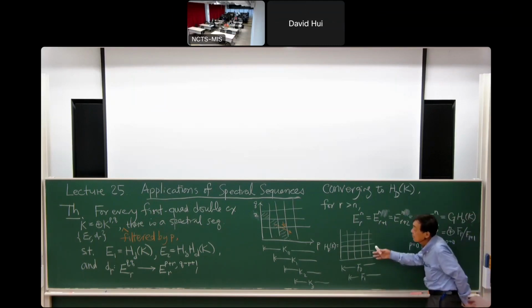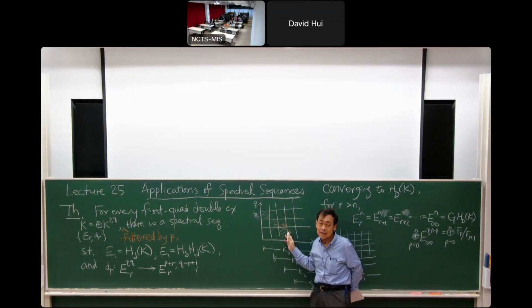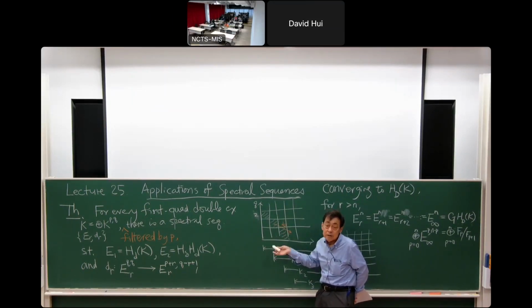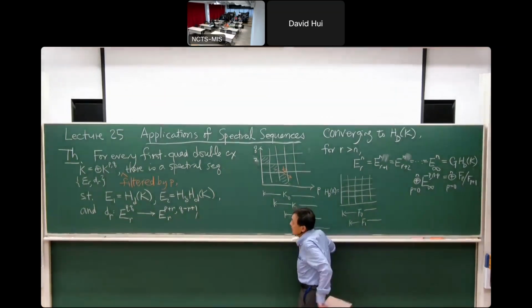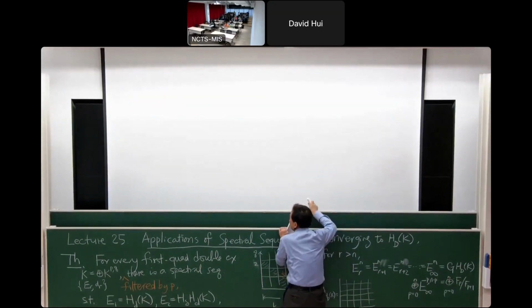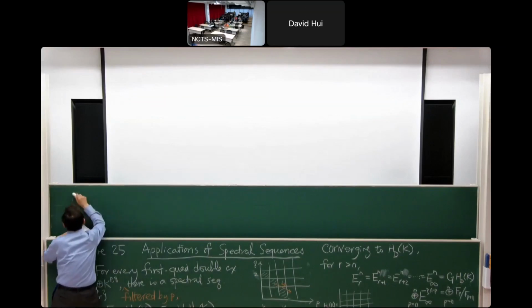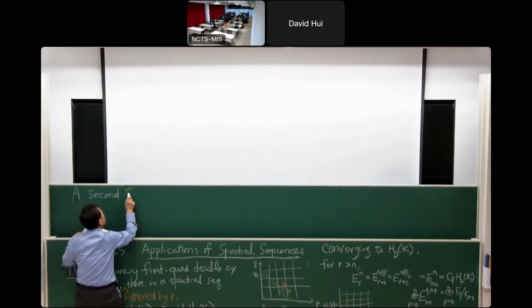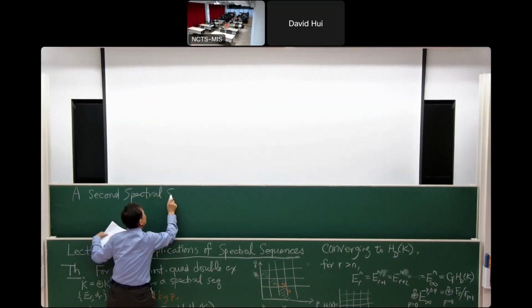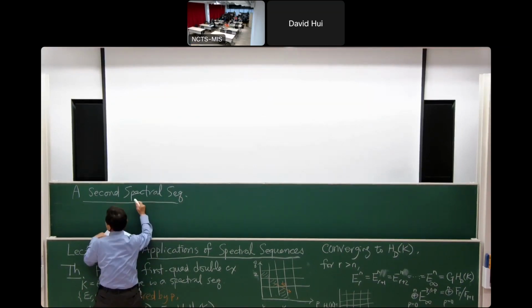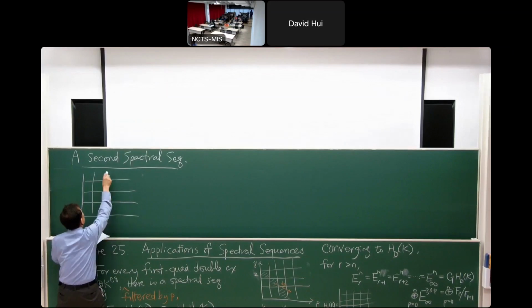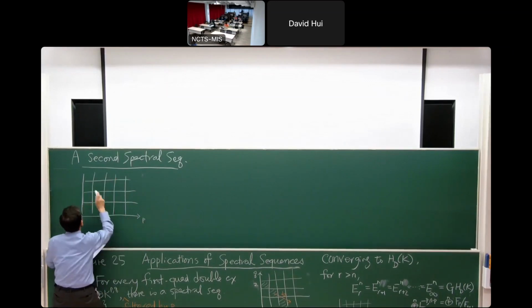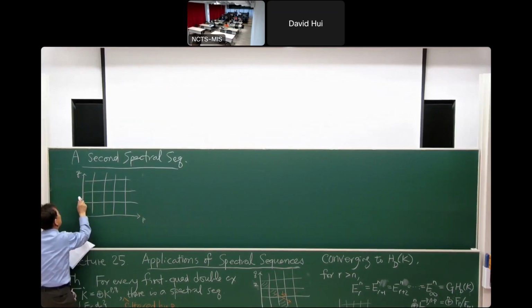Now, you have a double complex, so it has 2 degrees, and we filter by p, but we could also filter the double complex by q, and that will give us a second spectral sequence. So we can filter by q.